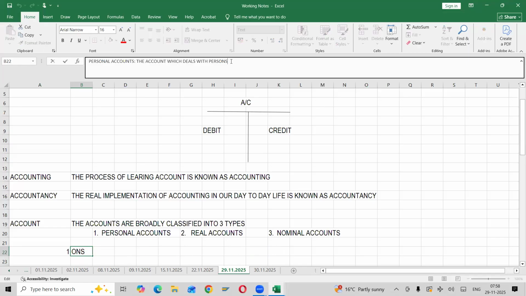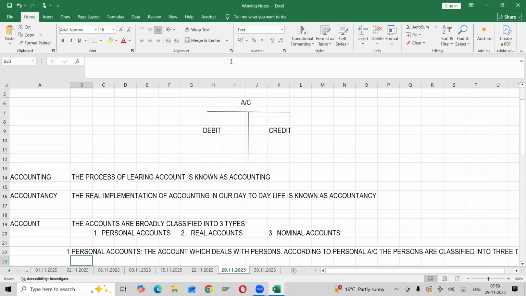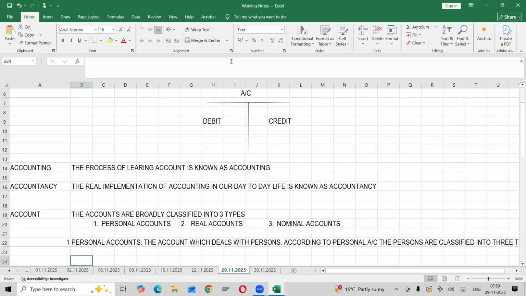And according to personal account, the persons are classified into three types. I'll discuss two types now, and later I'll discuss the other one.